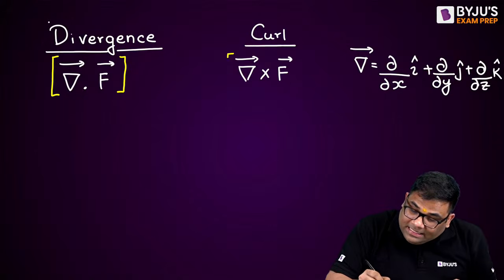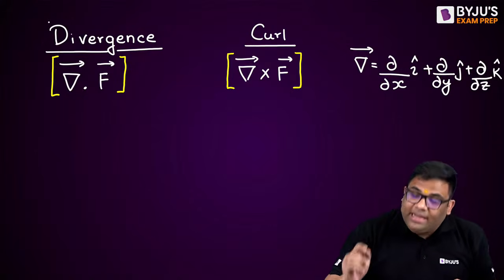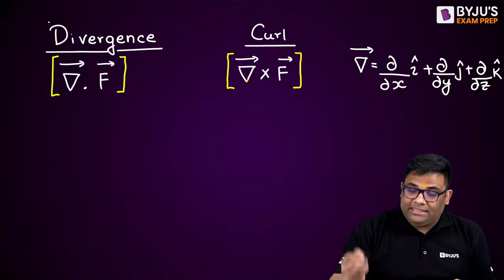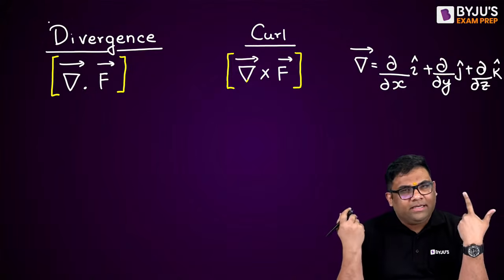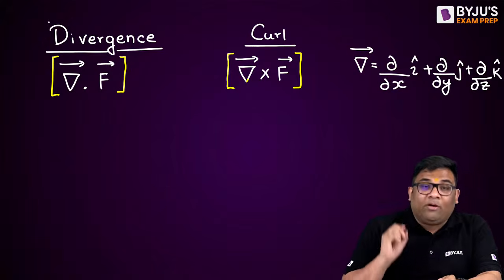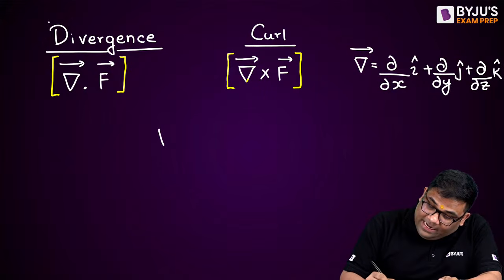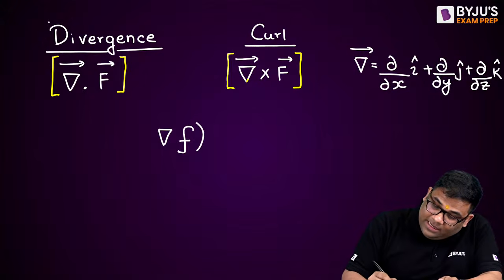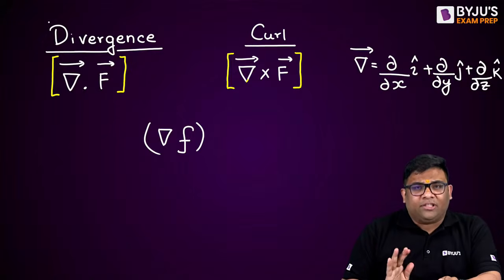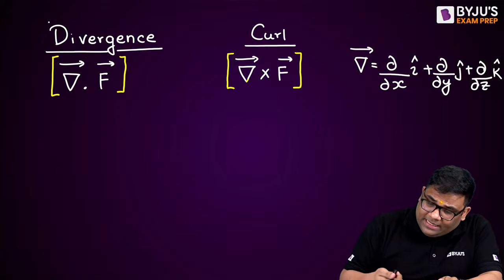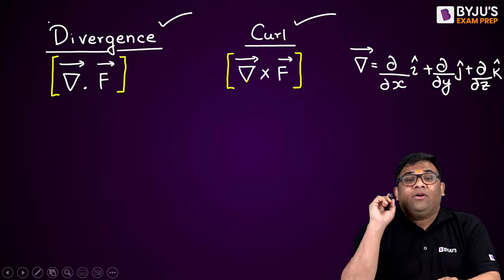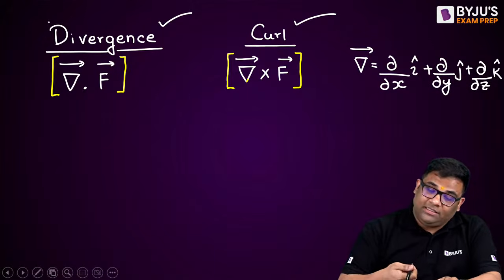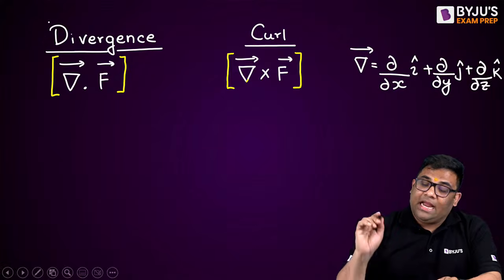And curl is the cross product of del with the vector. Understood the difference? Very easy. Gradient acts on a scalar function, but divergence and curl act on a vector function. Divergence is dot product, and curl is cross product.